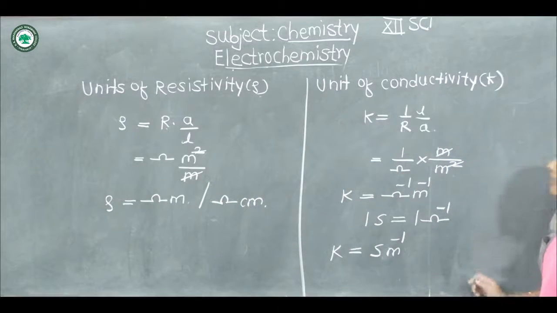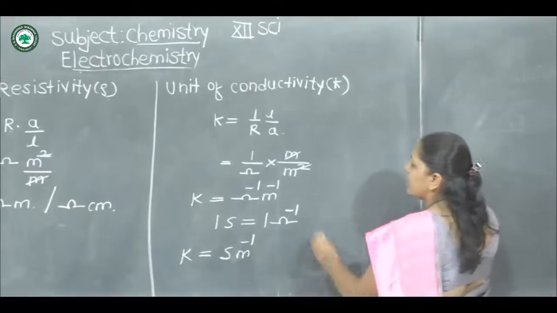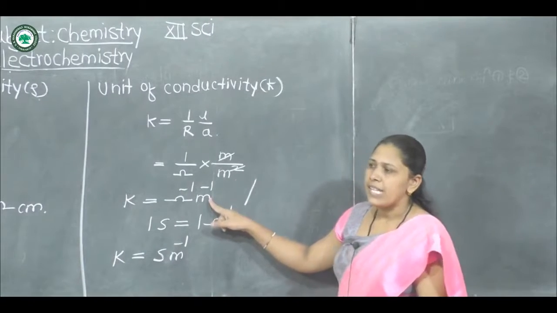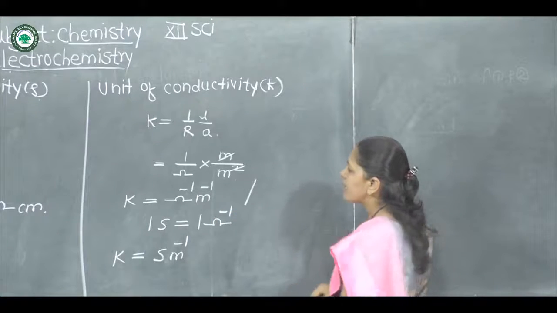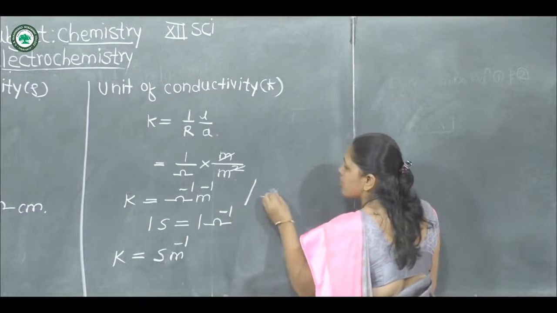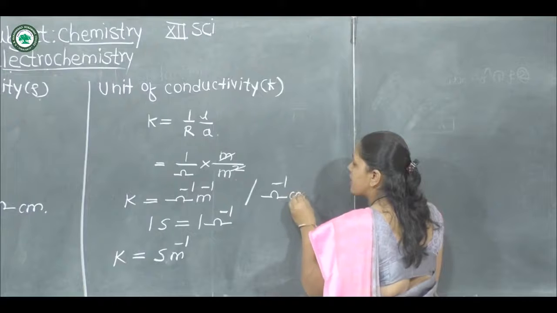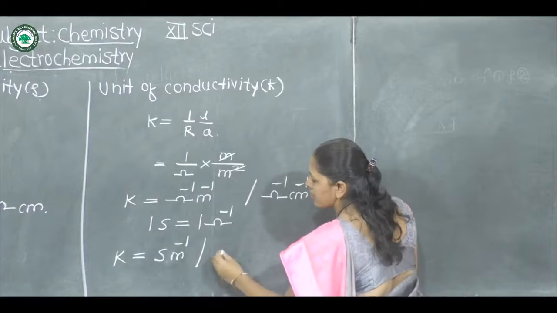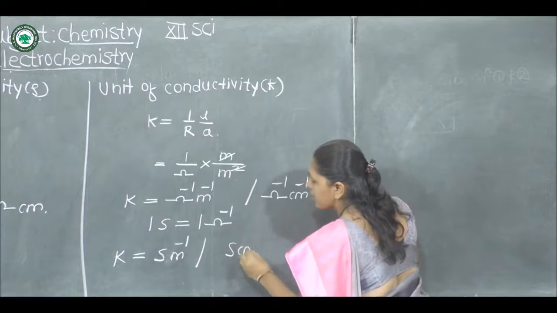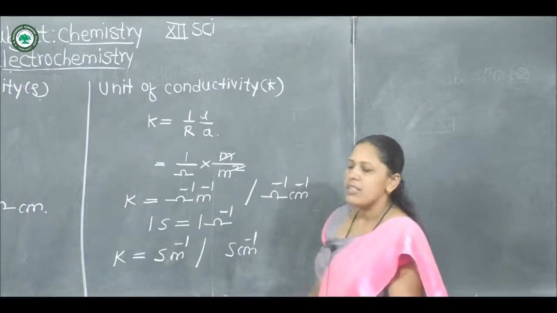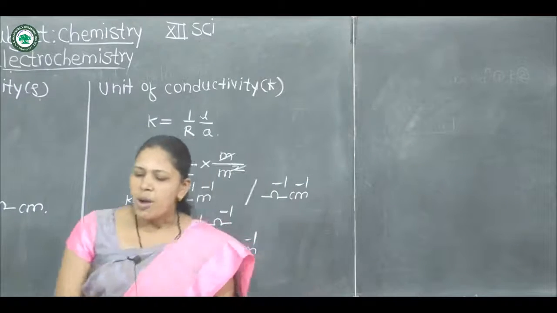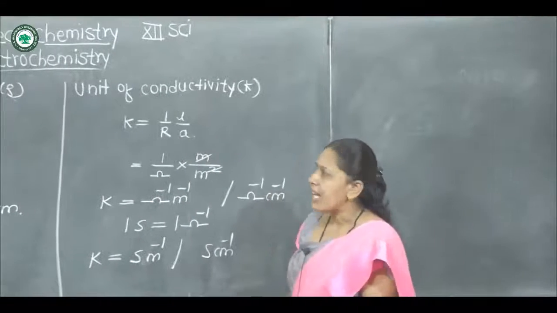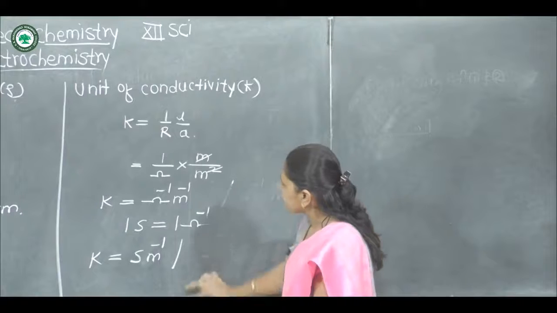And the unit of conductivity in common units, if length and area are measured in centimeter, becomes ohm inverse centimeter inverse, or Siemens per centimeter. These are the common units of resistivity and conductivity.